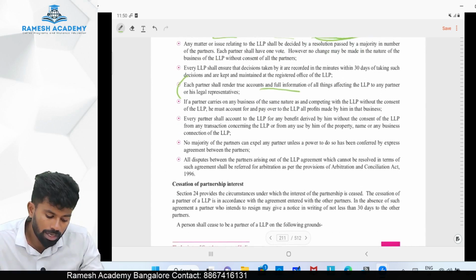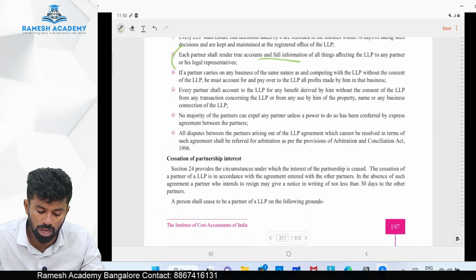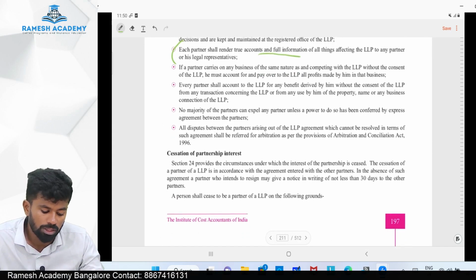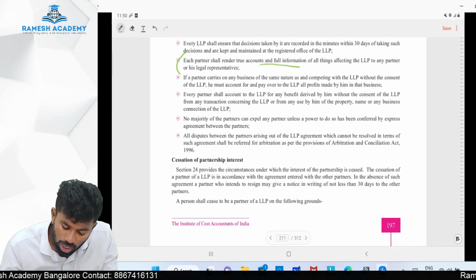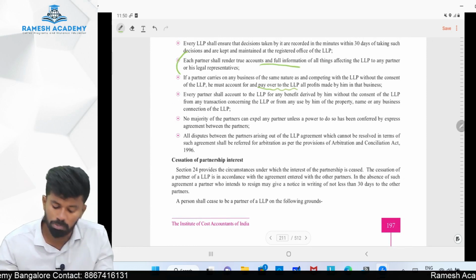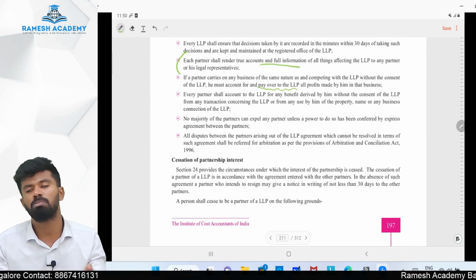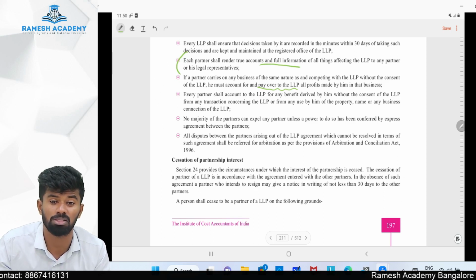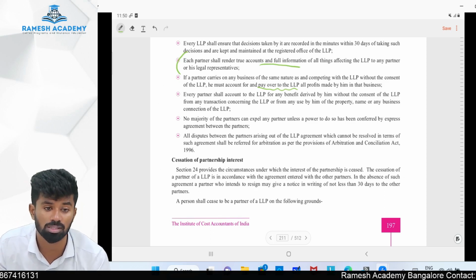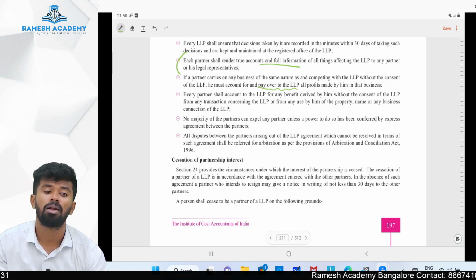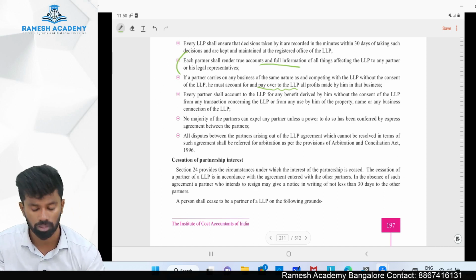If a partner carries on any business of the same nature as and competing with the LLP without the consent of the LLP, he must account for and pay over to the LLP all the profits made by him in that business. If he carries out a competing business with the LLP, the same or a similar business, he has to account to the LLP. He can't do that.